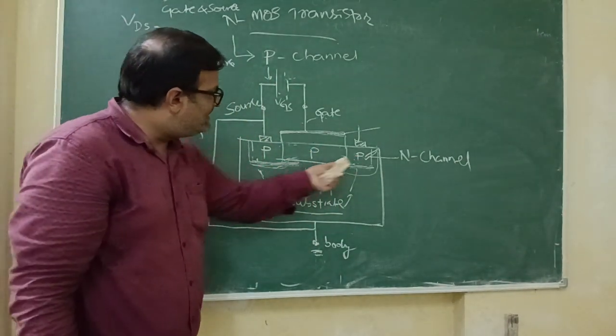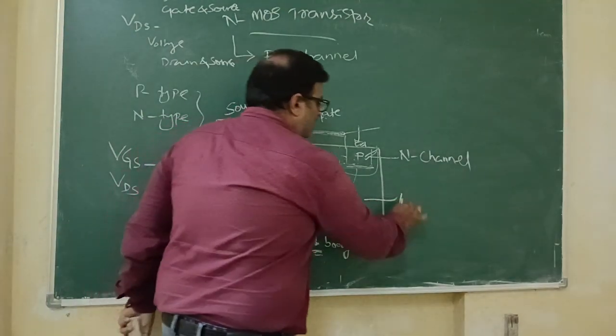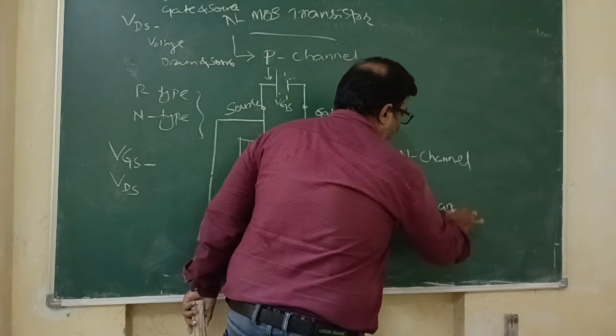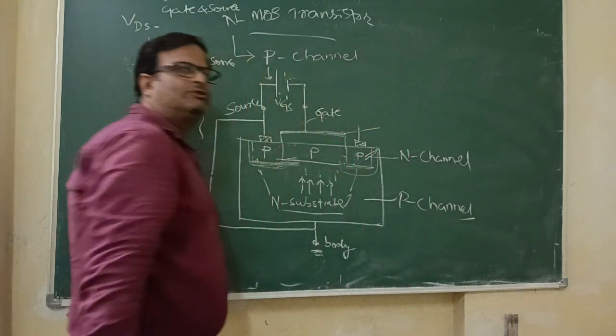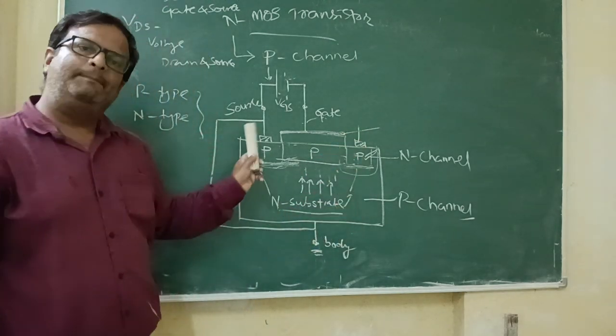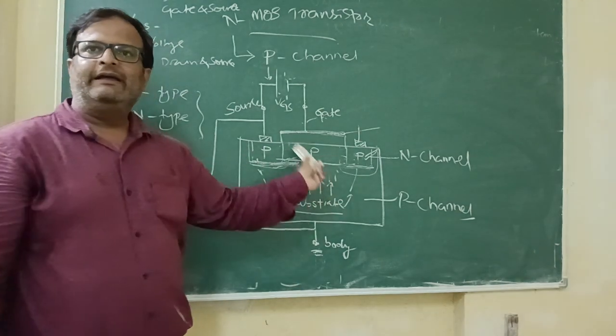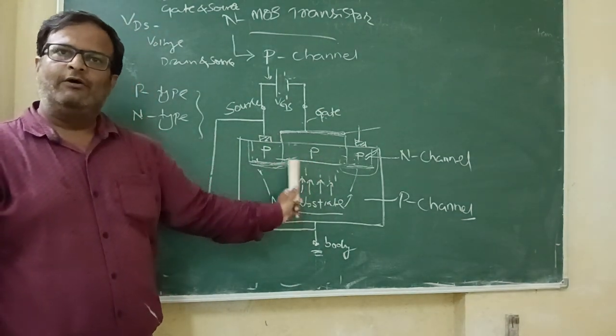If this makes a P channel, that means it is named the P channel MOS. So this is the construction of an n channel MOS and a P channel MOS. In this way, we can form an n channel and P channel MOS.